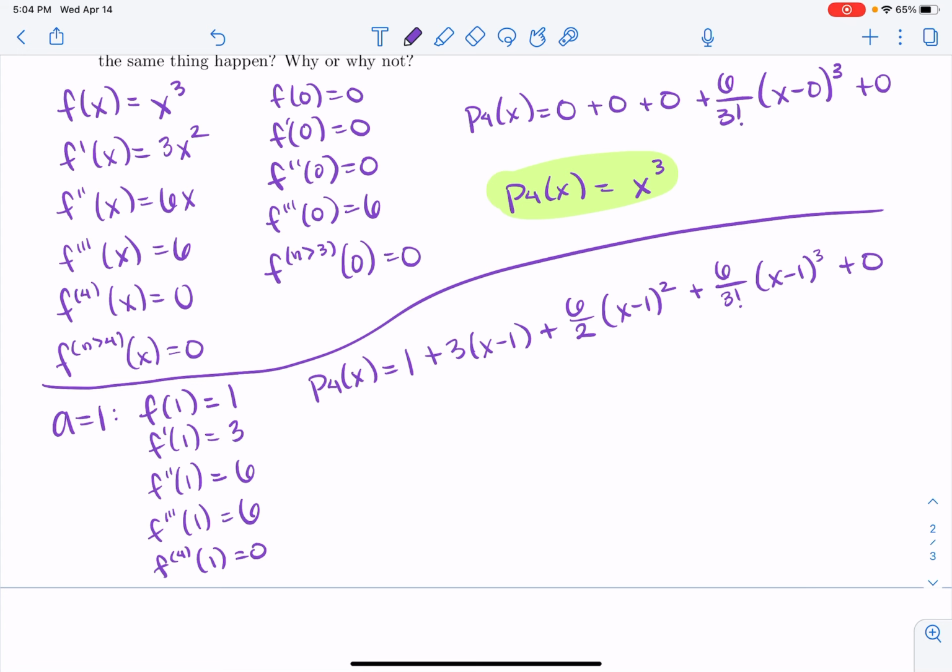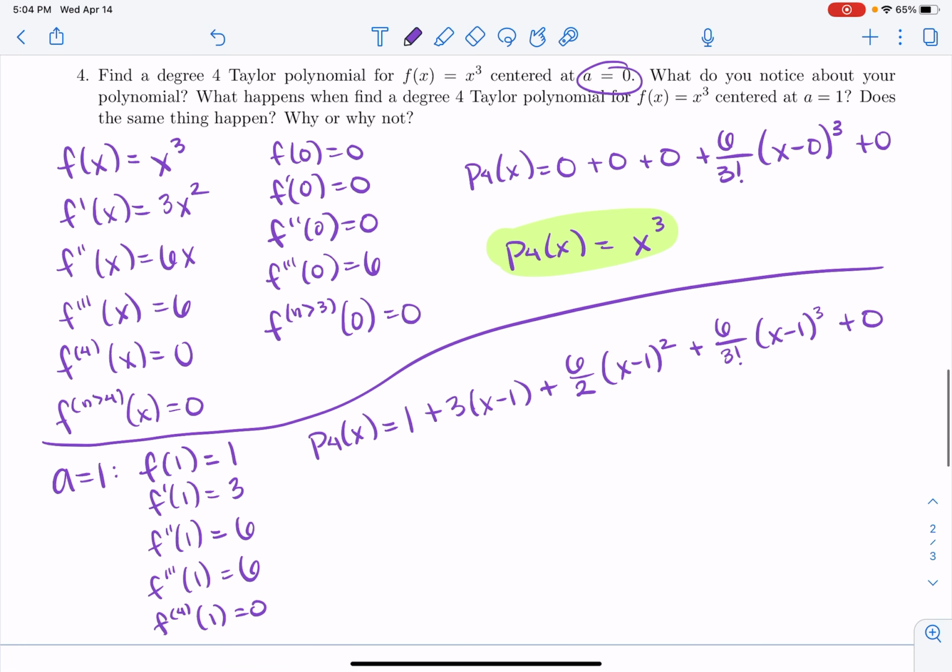So does the same thing happen? Is this the same polynomial? That's a good question. And what do we think? What's going to happen here?